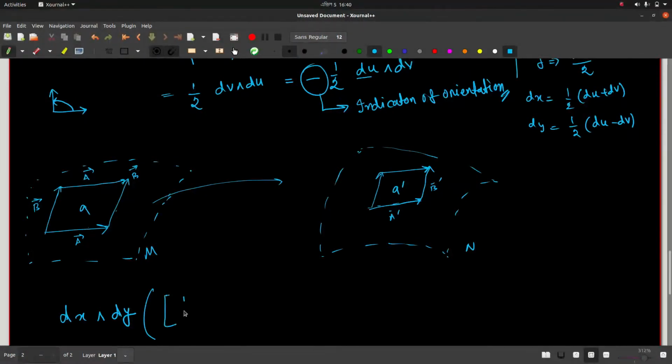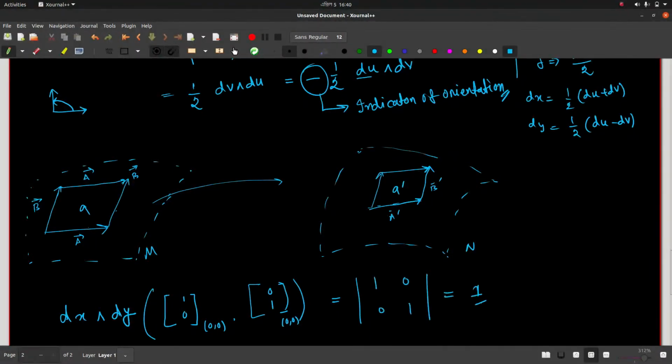So let's denote those vectors by (1, 0), at the point (0, 0), and (0, 1), like this, also at the point (0, 0). And if you use the ideas that we discussed in the previous lectures, you can easily show that this is nothing but the identity matrix, which gives you a result of 1, right?